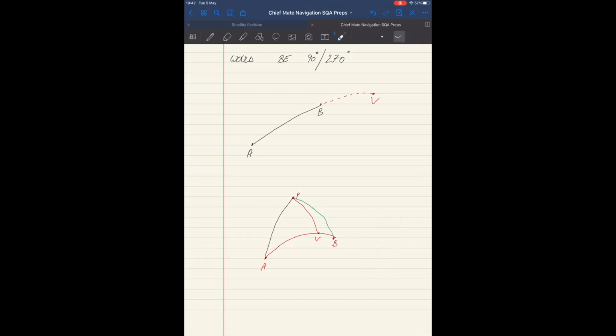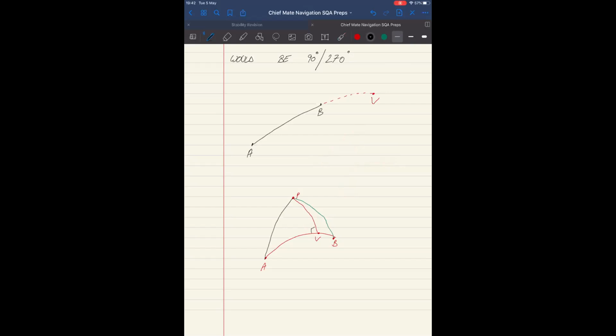Because what happens when we do a course of 90 degrees or 270 degrees is we are actually running on the latitude. So we know that if we are running on a latitude and there is a longitude like this, latitude and longitude always intersect each other at 90 degrees, like this. So this has to be 90 degrees.